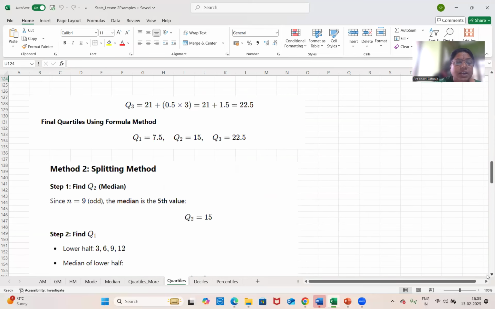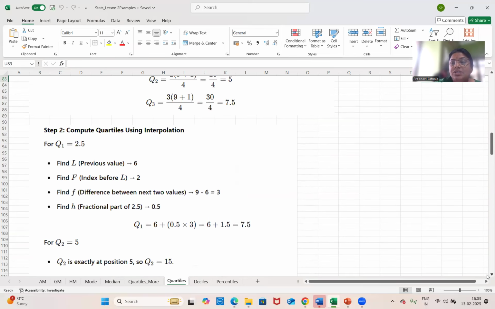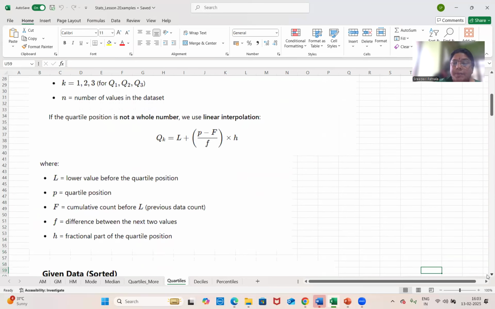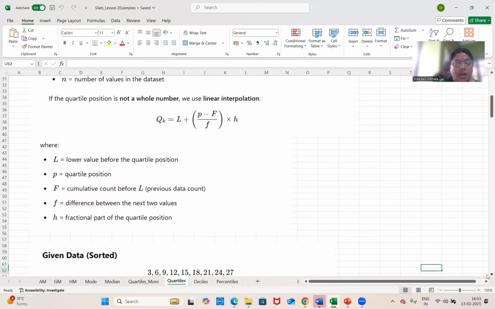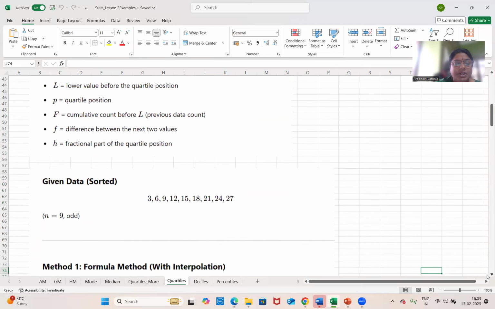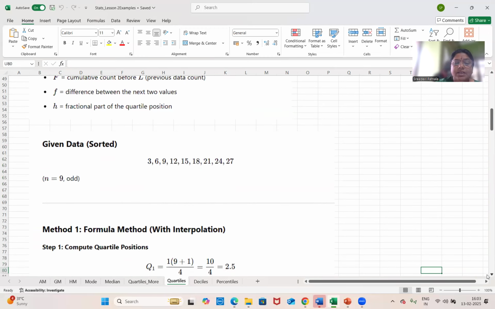For an even data set, it comes out one way, and for an odd data set, a different way. Now that we understand these formulas, let's move to the example and how the values are to be taken. For example, here 3, 6, 9, 12, 15, 18, 21, 24, 27.